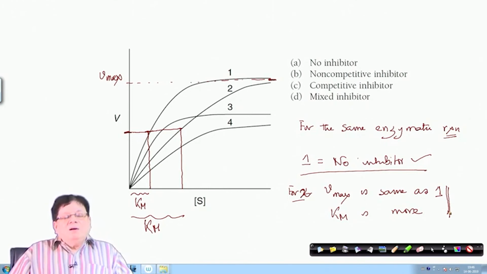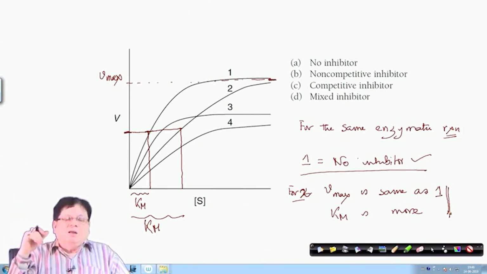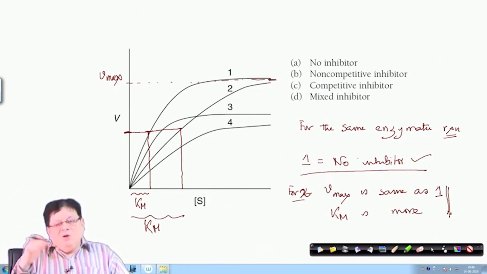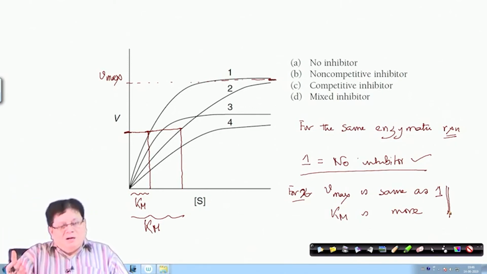So, now you see in which type of inhibitor V max remains the same, but Km is more. Remember what competitive inhibition is: both the substrate and the inhibitor go for the same active site. And if you make the substrate concentration very large as compared to the inhibitor, then ultimately the inhibitor becomes insignificant. So, you reach almost the same V max as the earlier one, as if there is no inhibitor.